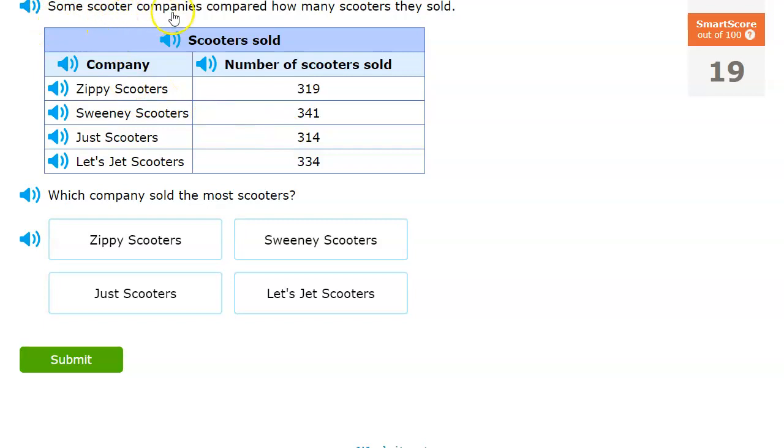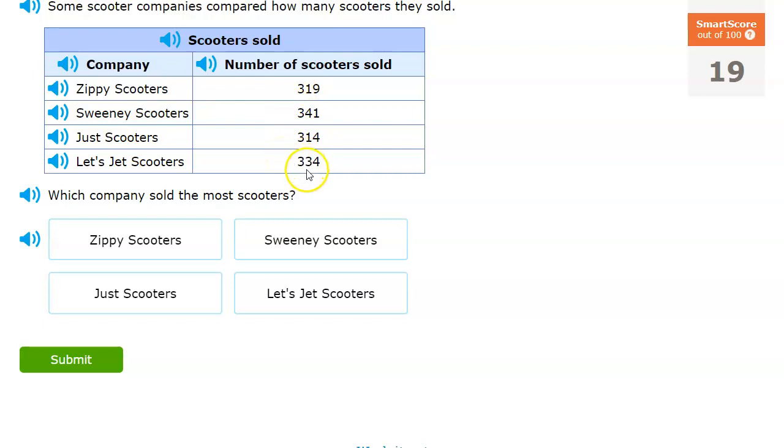Some scooter companies compared how many scooters they sold. Here's the company, here's how many they sold. Which company sold the most scooters? So let's compare our numbers. In the hundreds spot, they all say 300, so they're equal so far.